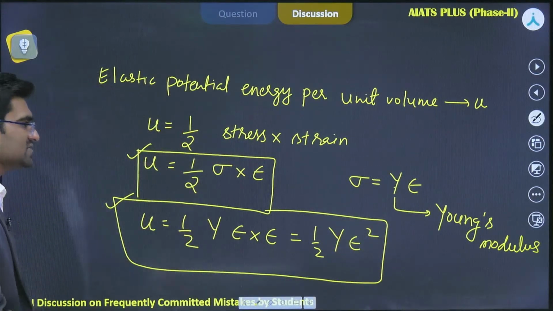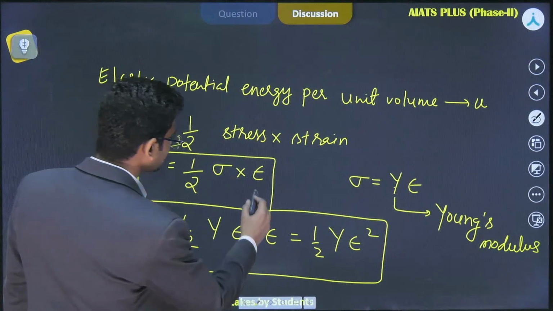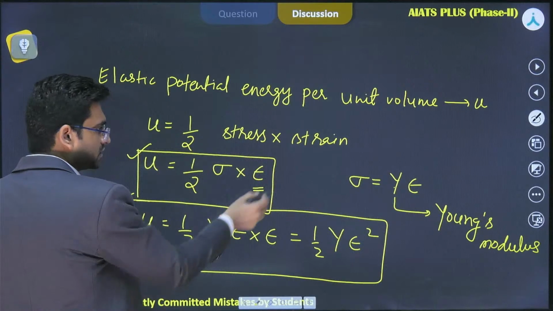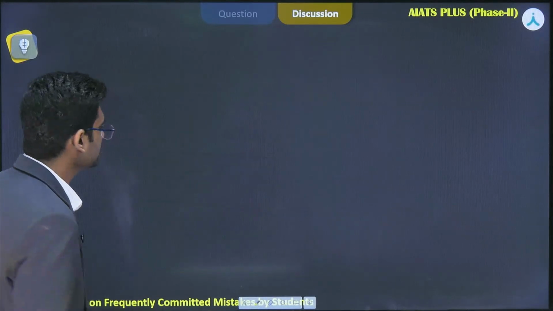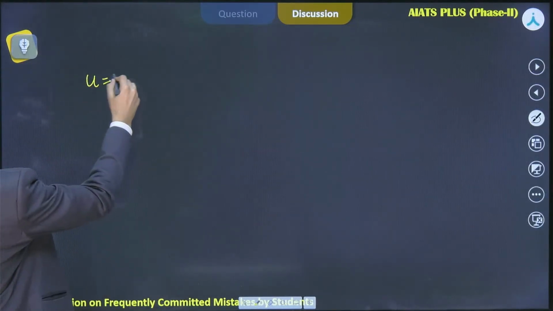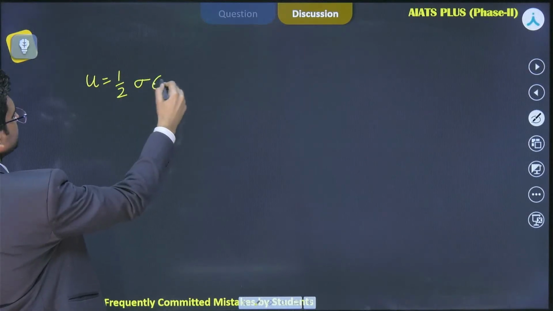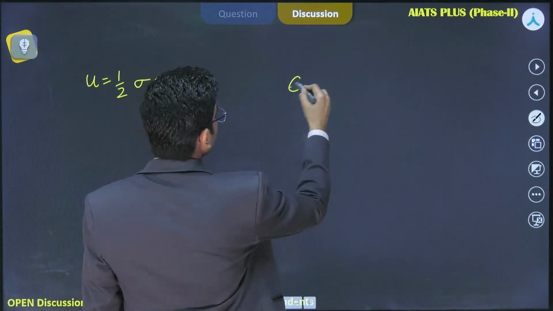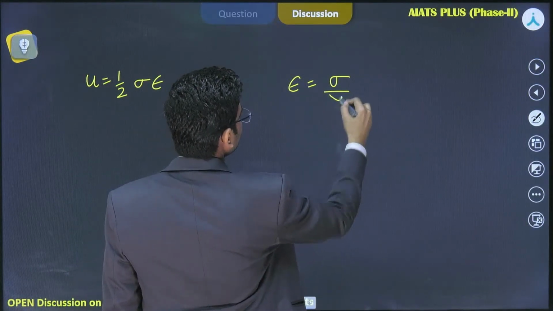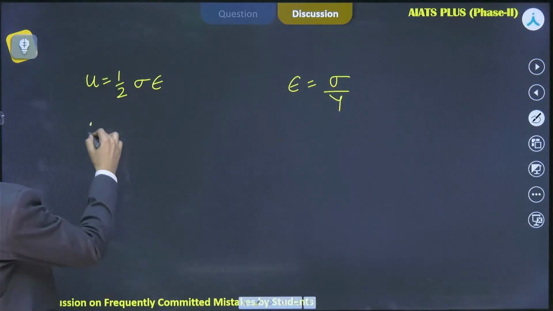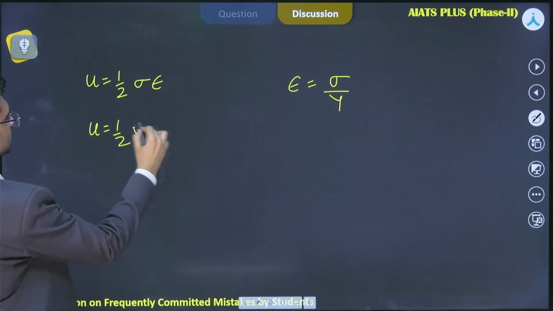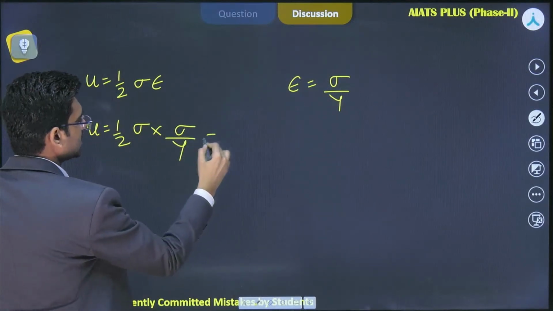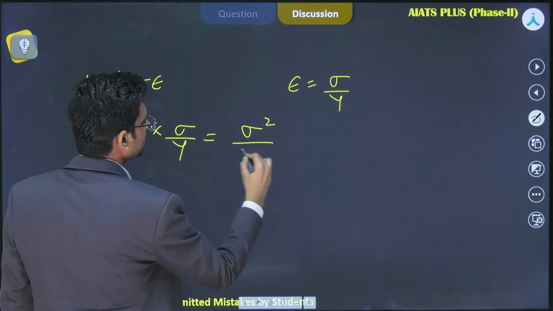What else can we do in this formula? We can also eliminate epsilon and write this formula in terms of stress. So u equals half sigma epsilon, and in place of epsilon, I can write epsilon equals sigma by Y. So u equals half sigma into sigma by Y, which becomes sigma square by 2Y.